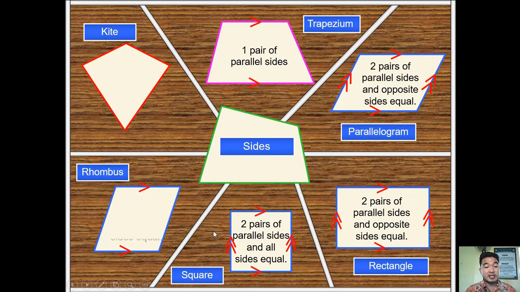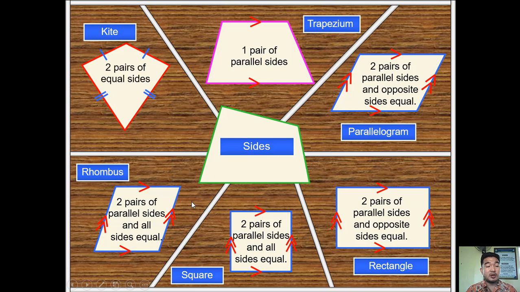How about the rhombus? Rhombus, ganun din, meron siyang two pairs of parallel sides and all these parallel sides are congruent. So a rhombus is also a parallelogram. So that means a square is also a rhombus, but not all rhombus are squares. And then the last one is the kite.